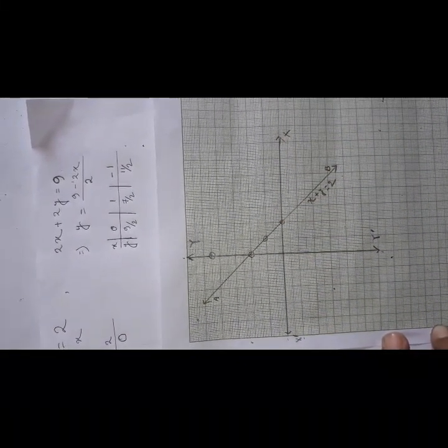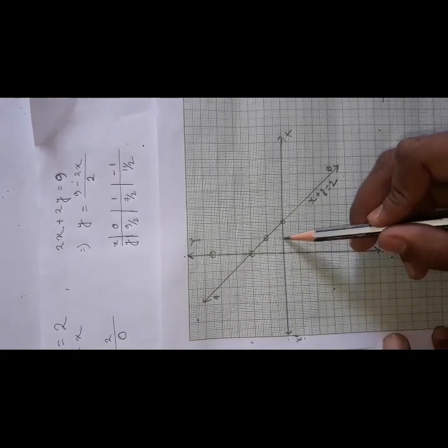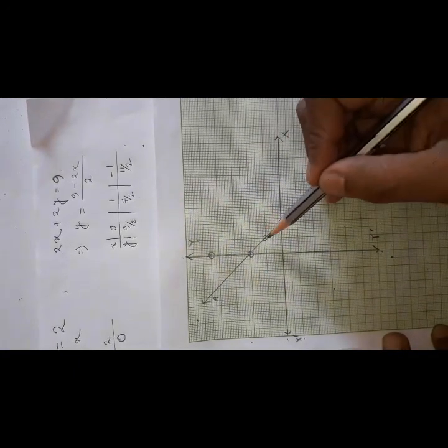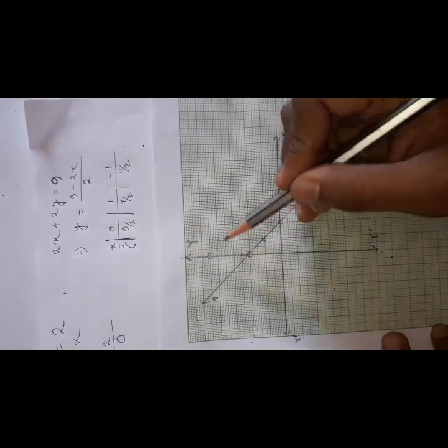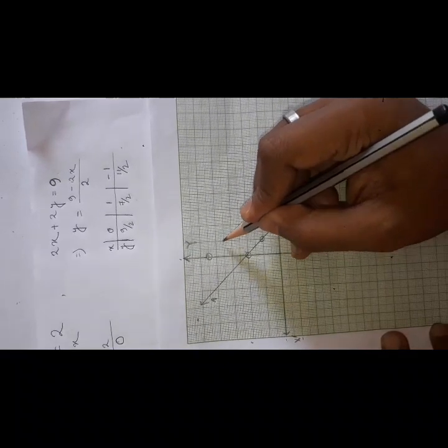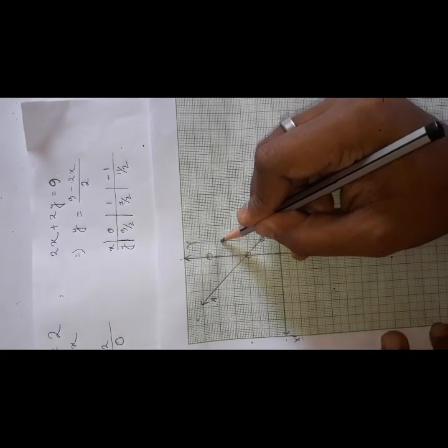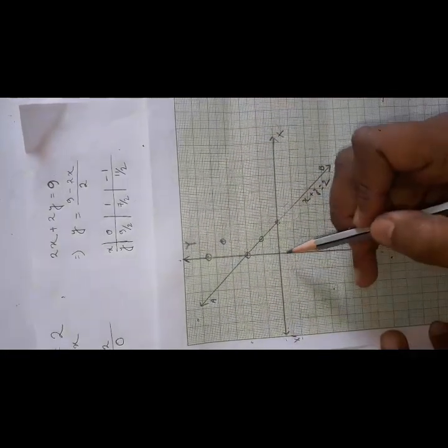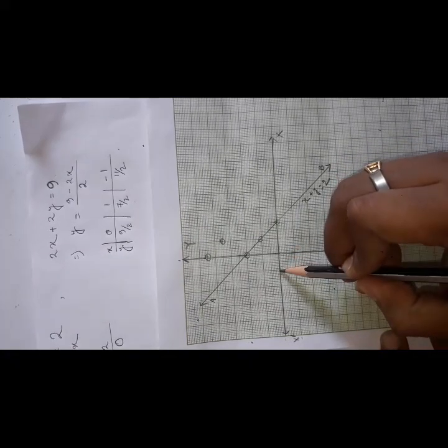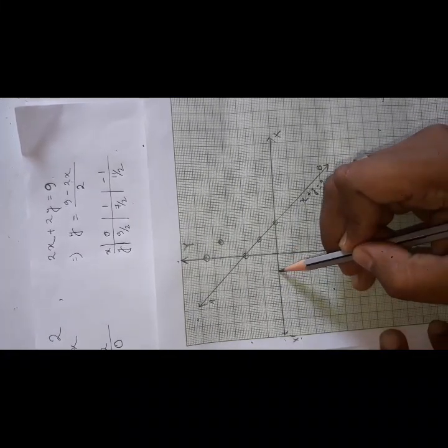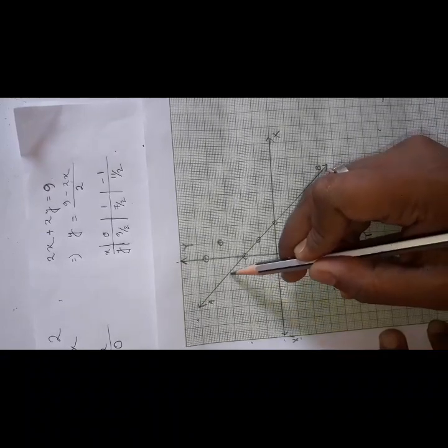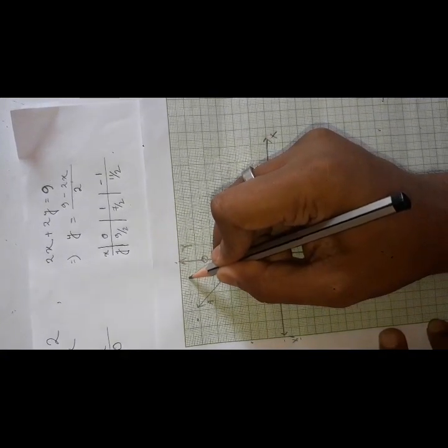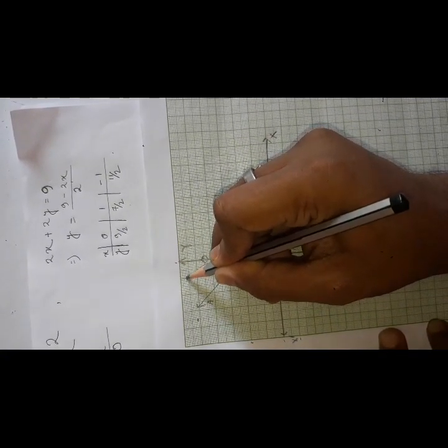After that (1, 7/2), that is x is equal to 1, y is 7 by 2. 7 by 2 means 3 and 1 by 2, that is 1, 2, 3, then half. This is the point which represents (1, 7/2). Now (-1, 11/2). x is minus 1, then 11 by 2, that is 5 and 1 by 2, 1, 2, 3, 4, 5, and this is half.